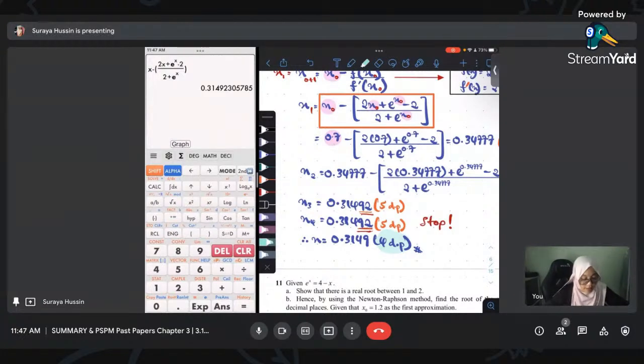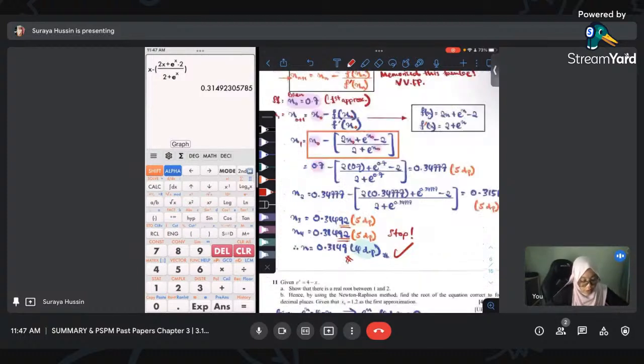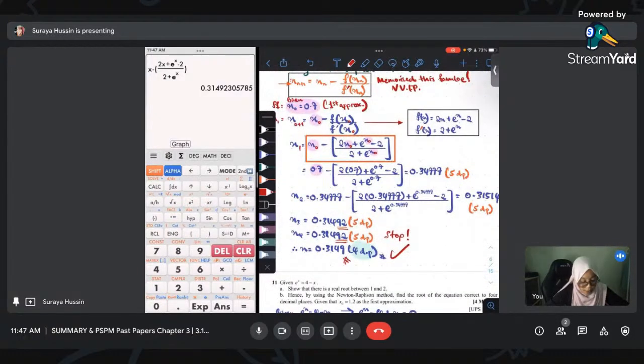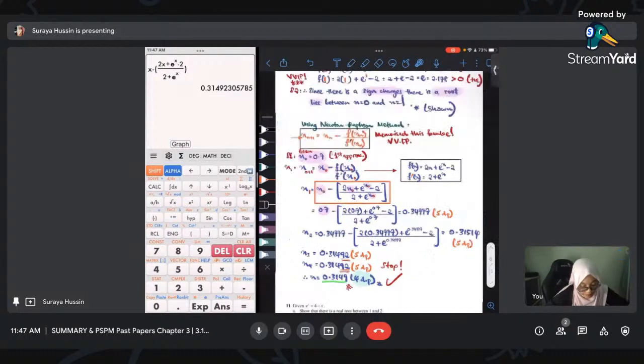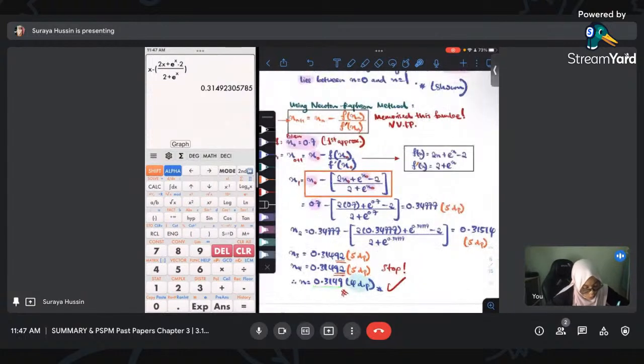Okay? So that's it. That's your answer. This is your final answer untuk the roots. The roots between 0 and 1, which is 0.3149.